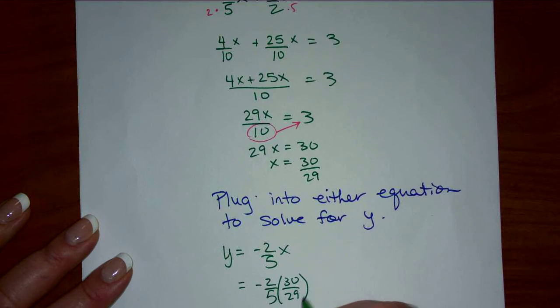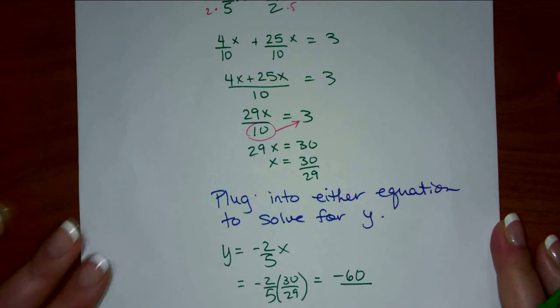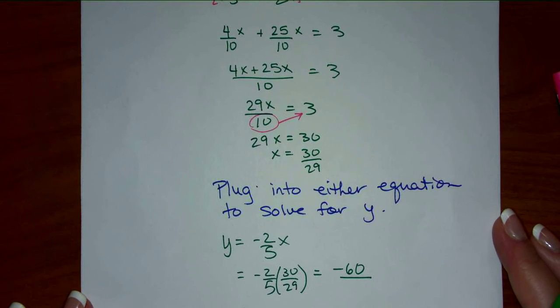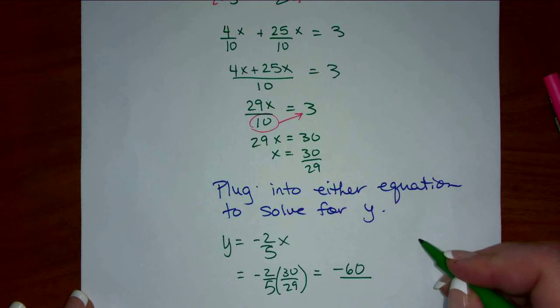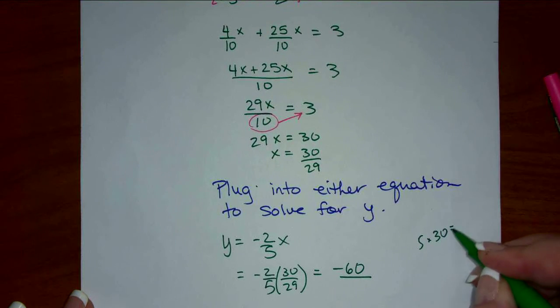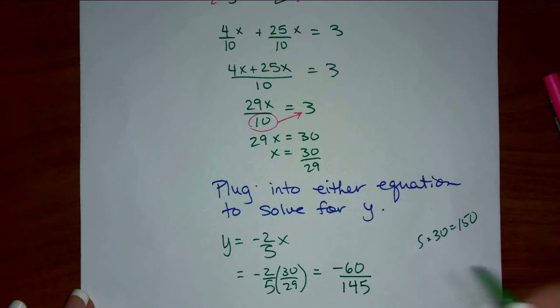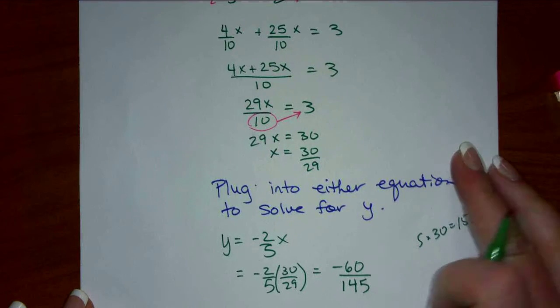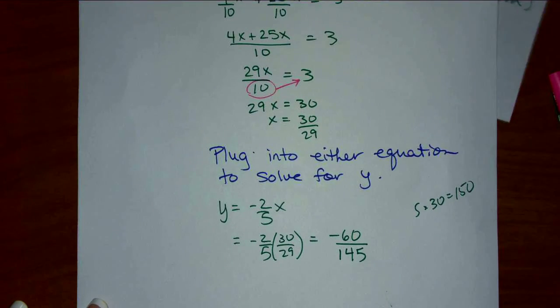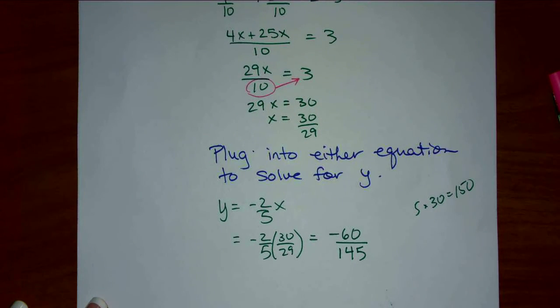5 times 29. You can do 5 times 30 and get 150. And how much less is it? 1 less off of each of those, so 145. Does this reduce? It does, by 5 for sure, right?